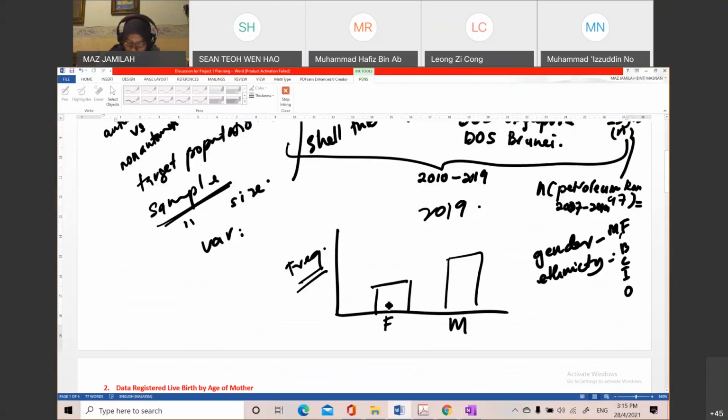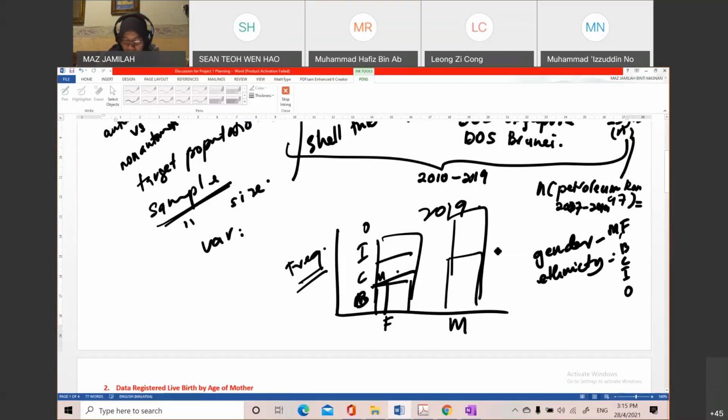So you have four groups. You need to look at female: how many of them are Bumiputra, Chinese, Indian, others, and then for male too. You want to do that?